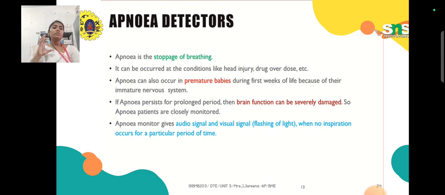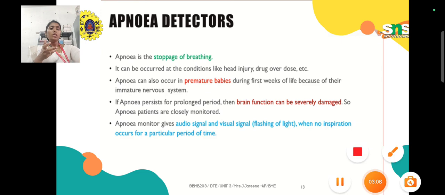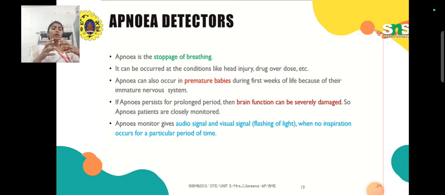As I said before, if apnea remains unnoticed for a prolonged period, the brain functionality will get totally damaged, and the apnea patients will collapse and even die. So they have to be monitored very closely.